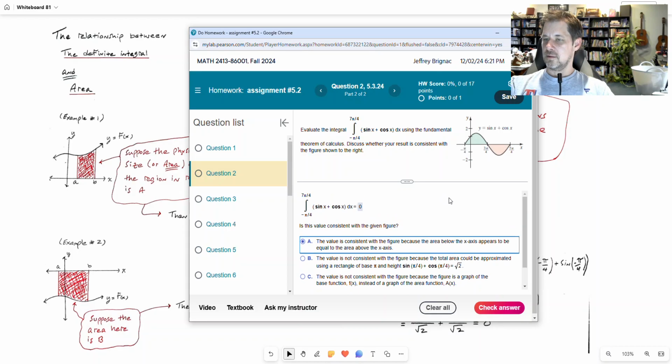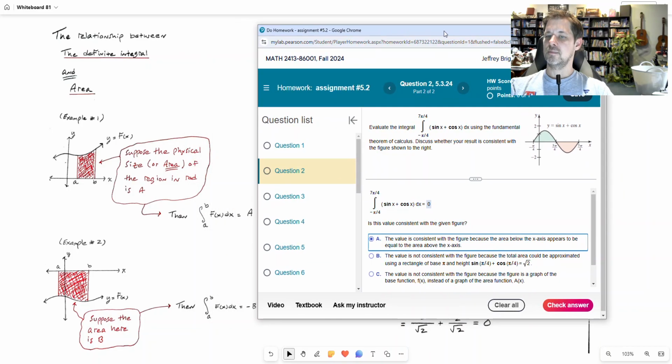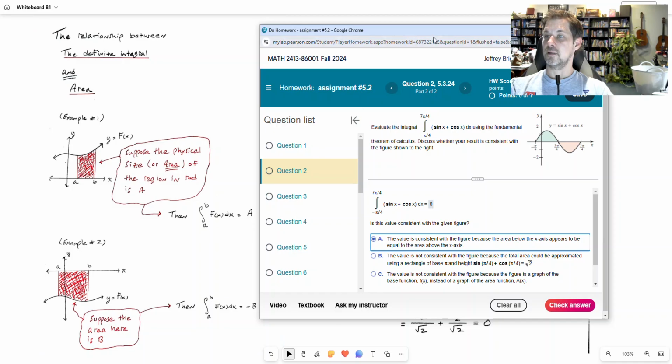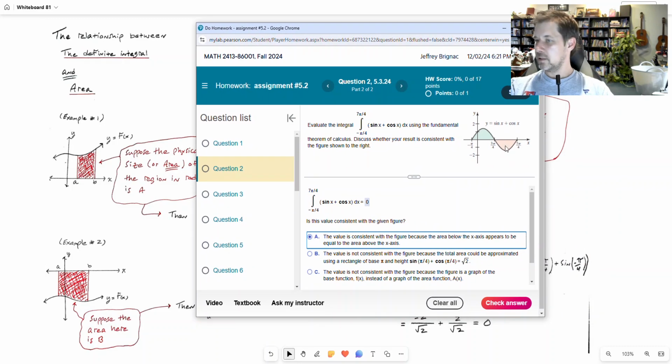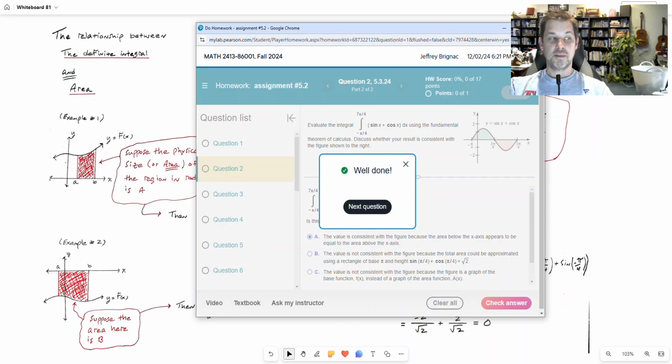This answer, 0, is consistent with what I see in the figure because the area below the x-axis appears to be equal to the area above it. It's because those seem to be exactly the same that allows them to cancel out. If one was a little bigger than the other, then that wouldn't happen. But because they appear to be the same, I know that's the way it's going to work out, as long as that appearance is actually the case.